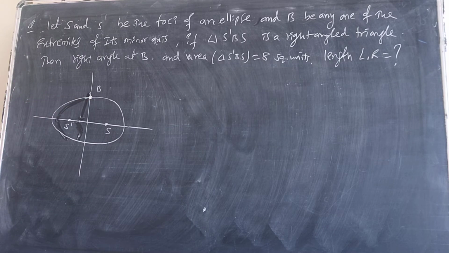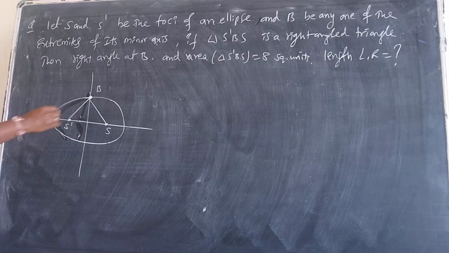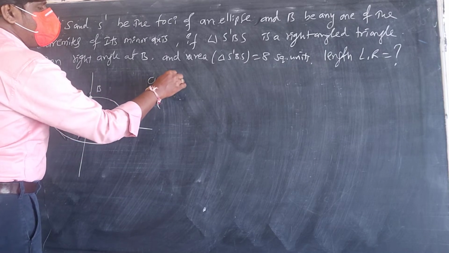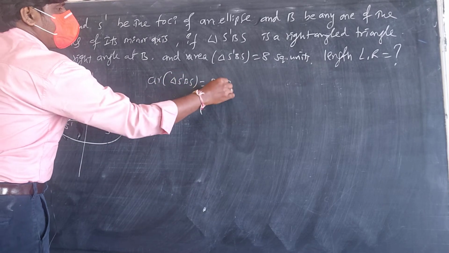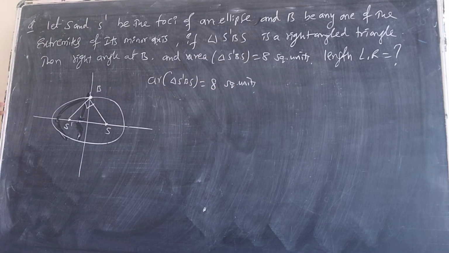If triangle BS dash S is a right angle triangle with right angle at B, then the area of this triangle is 8 square units. They have given that the area of triangle S dash BS is equal to 8 square units. It is a right angle triangle.